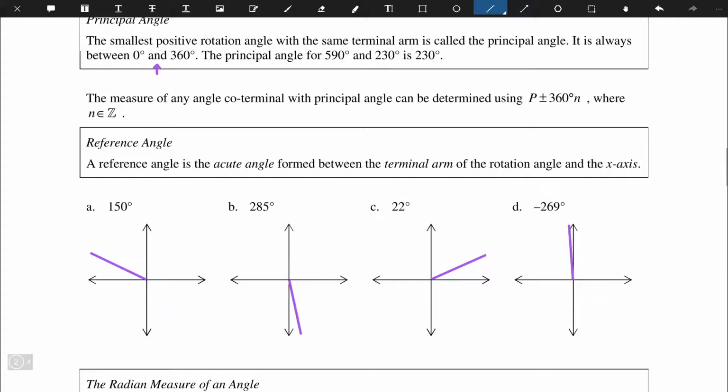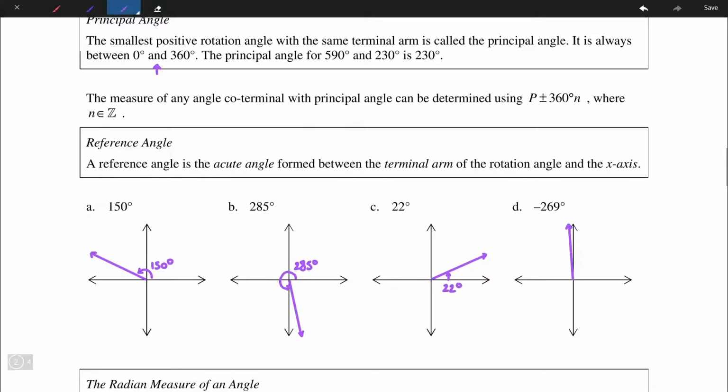Okay, so those are our terminal arms. Just going to go ahead and draw in the angle 150 degrees for the first one. 285 for the second. 22 degrees for the third.